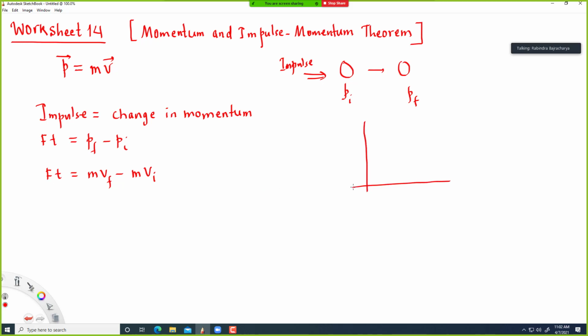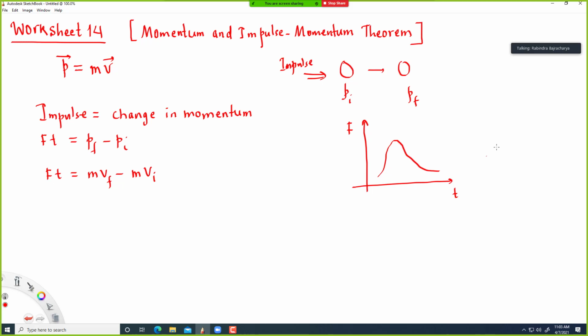Sometimes you apply different amounts of force on an object. Initially you apply increasing force, you apply maximum force at some time, and then you apply less and less force.